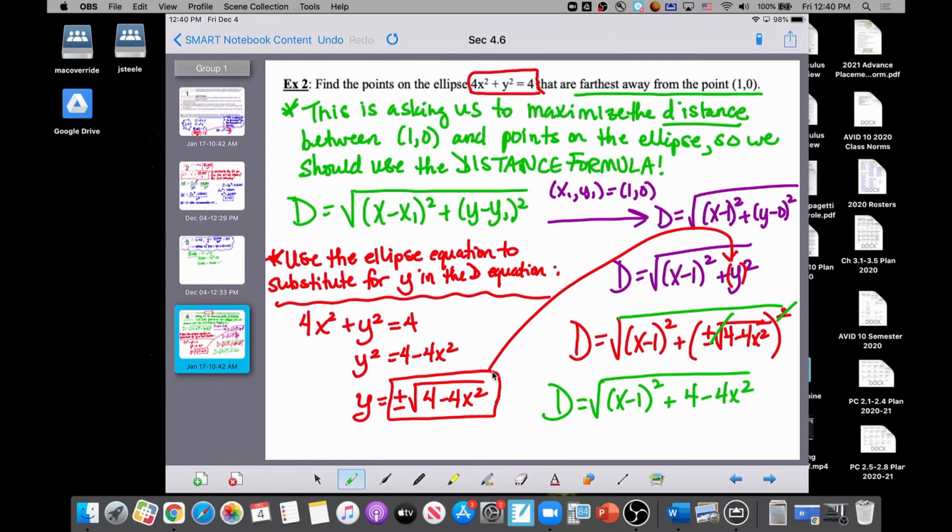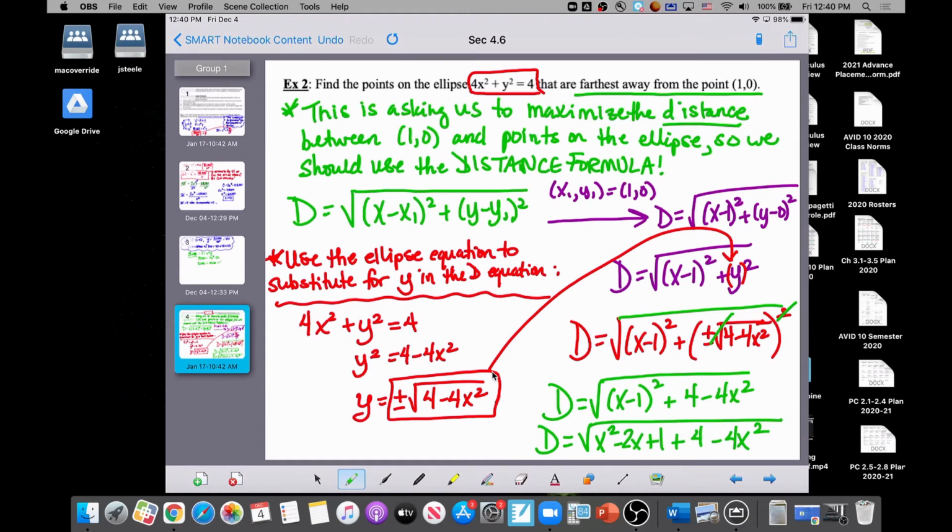Well, now I'd like to be able to combine like terms underneath my square root, so I should probably FOIL out that x minus 1 quantity squared. And so when I FOIL that out, I get x squared minus 2x plus 1 plus 4 minus 4x squared.